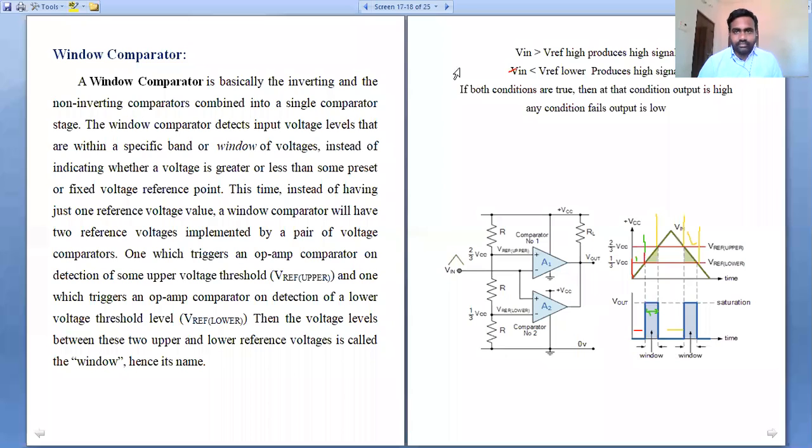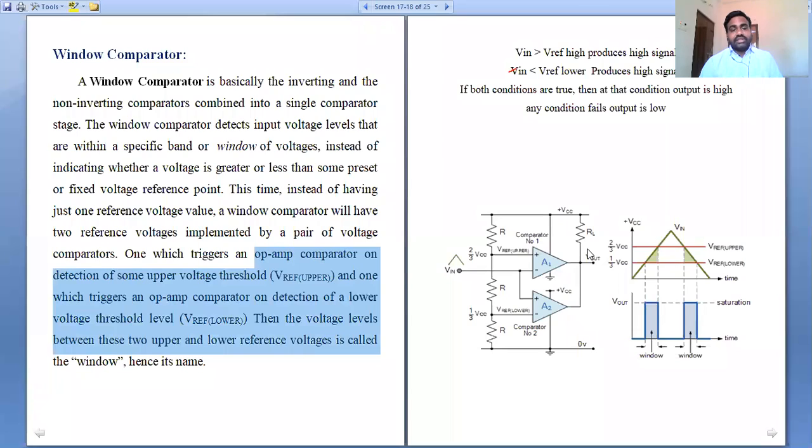That means at this instant the comparator compares the input voltage with the upper threshold value, and another comparator compares the input voltage with the lower threshold value. At that instant only we will get the window condition.